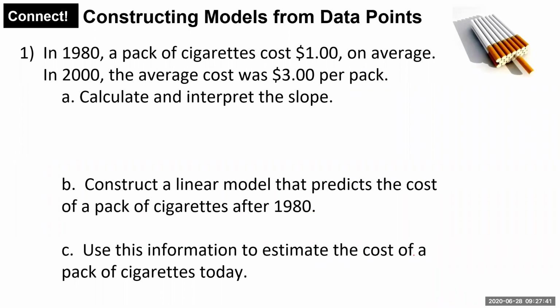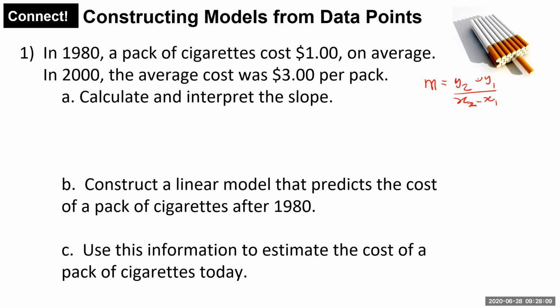Now here, we are going to look at how we can construct models from data points. We are going to use the slope equation, m is equal to y2 minus y1 over x2 minus x1.